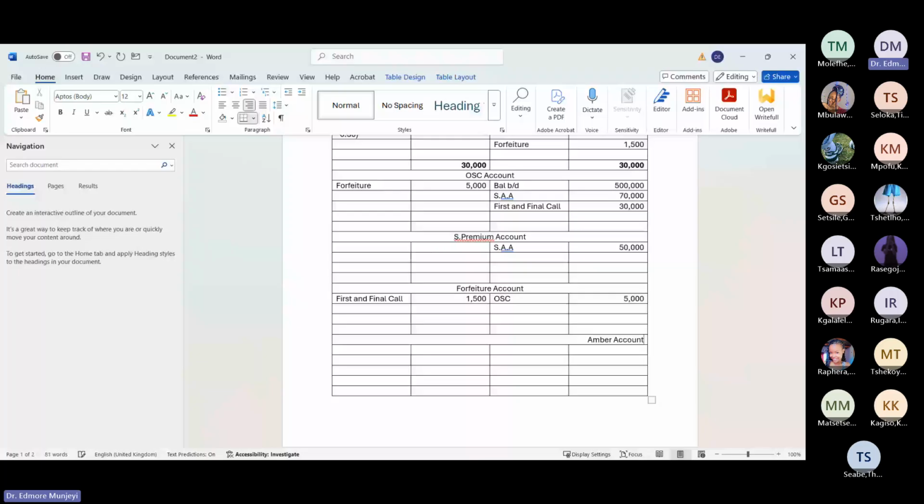Before we attend to Ember's account, remember Ember has paid for those shares at a rate of 0.8.